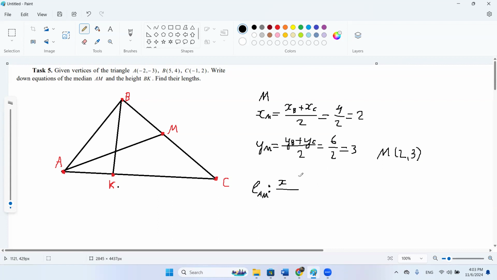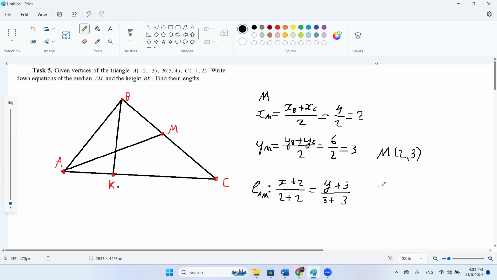The first point will be A, and the second M. So (x plus 2) divided by (2 plus 2) equals (y plus 3) divided by (3 plus 3).